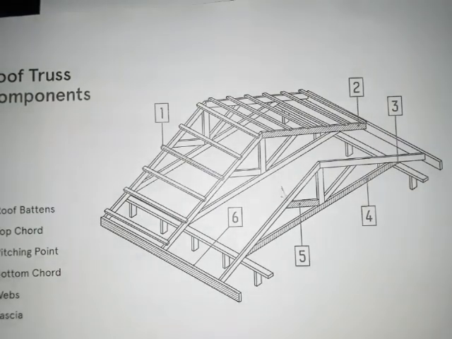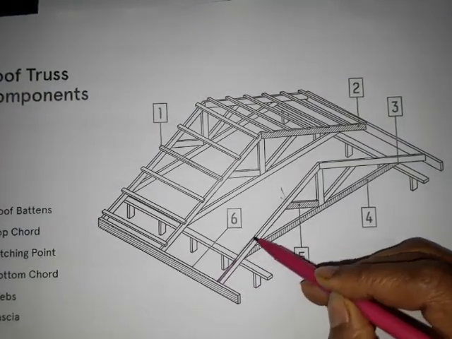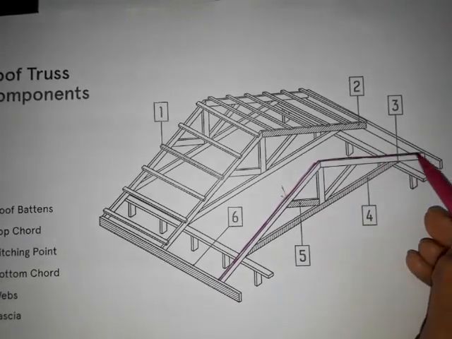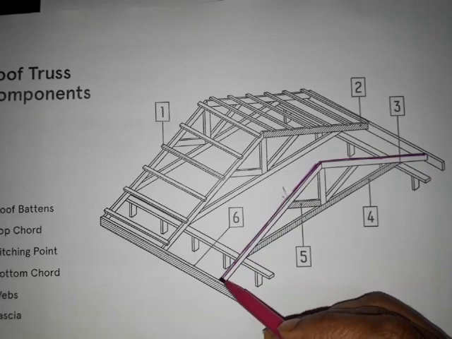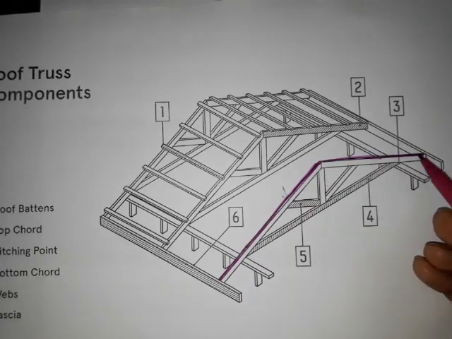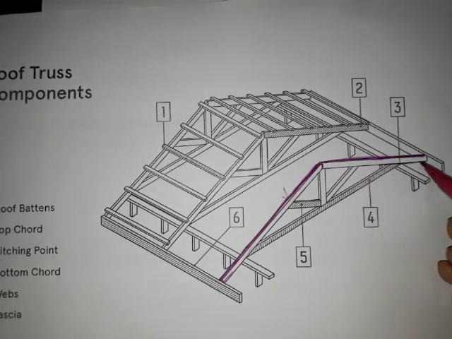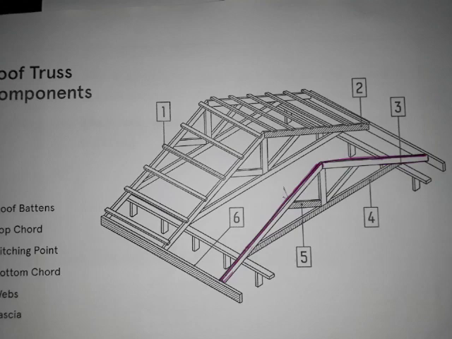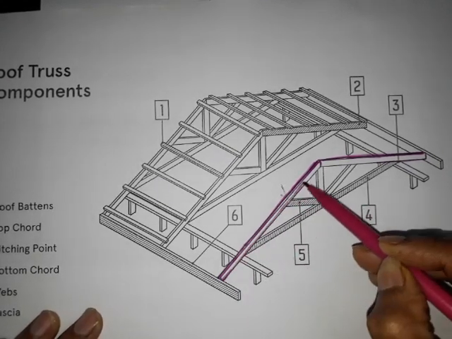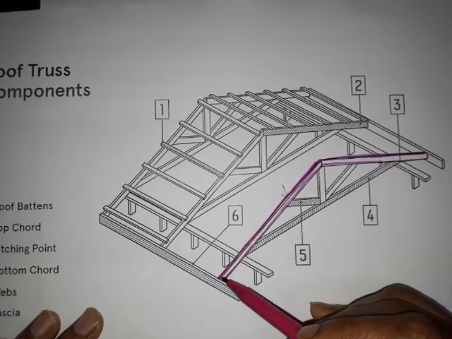What you can see here, this is our principal rafter. It is in a diagonal pattern, inclined, and it is provided at the top of the truss.